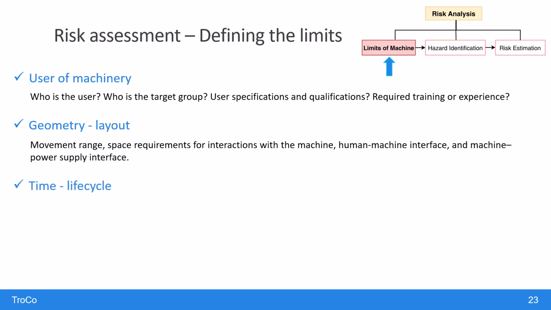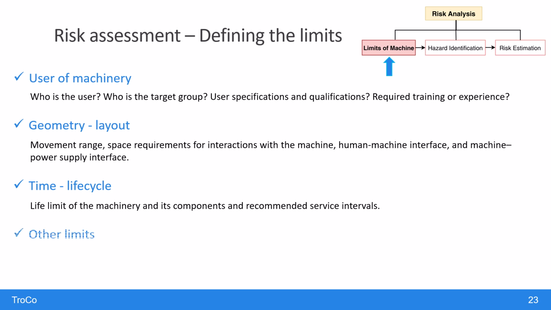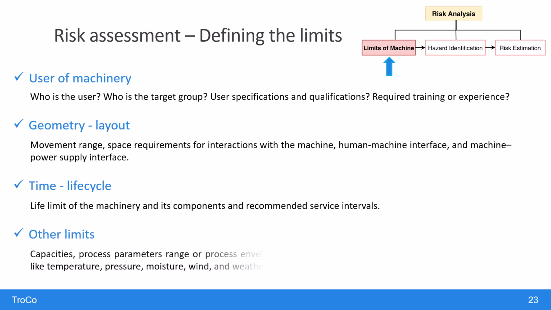Time, or life cycle limits, include the expected lifetime of the machine and its components, considering intended use and reasonably foreseeable misuse, along with recommended service intervals. Additional limits come into play, including process parameters, required cleanliness levels, and environmental factors like temperature, pressure, and weather.